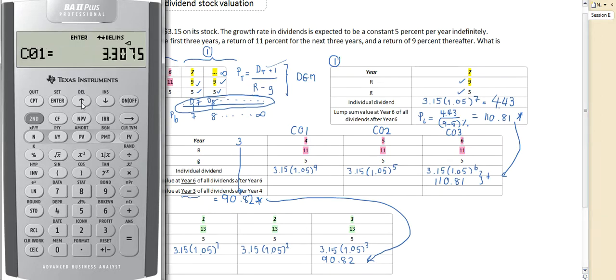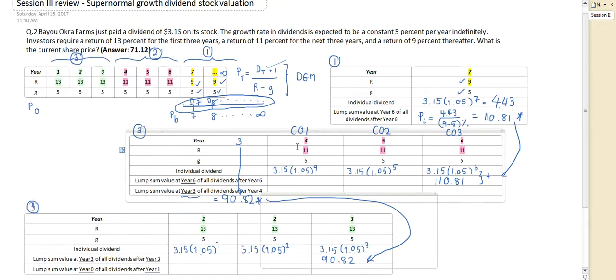So let's looking at this together. CO1, 2, and 3, okay, and then you can compute NPV with the rate 13%. Compute. So you will get the value of this stock today, 71.12. Okay, let me write down.